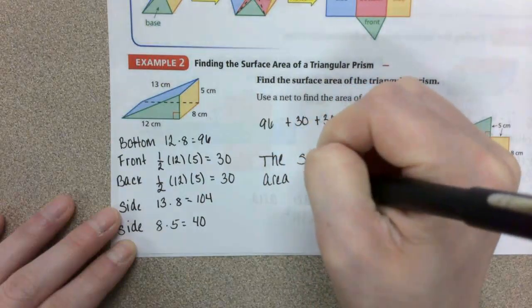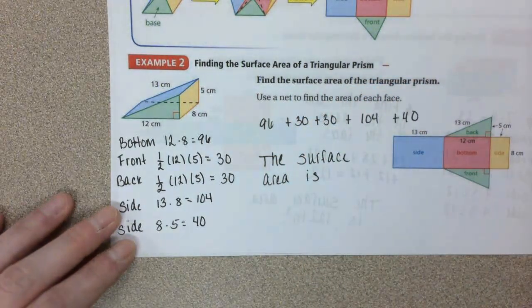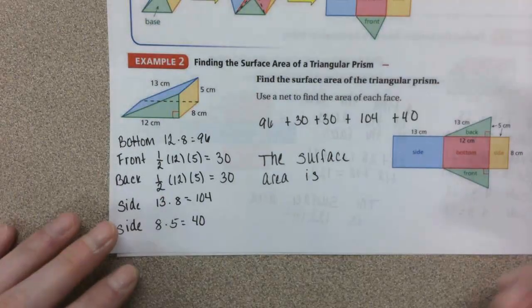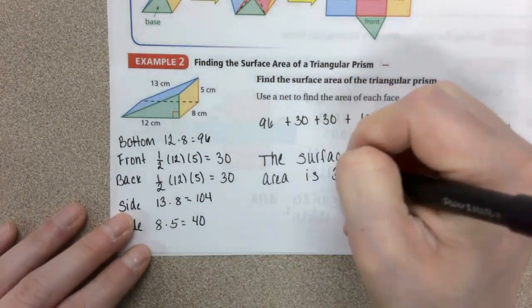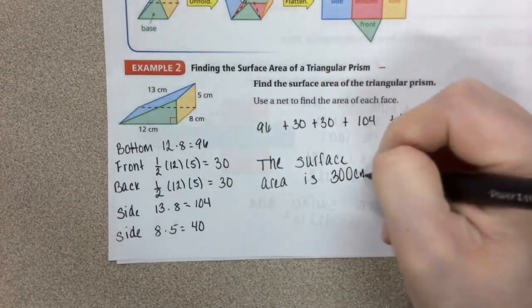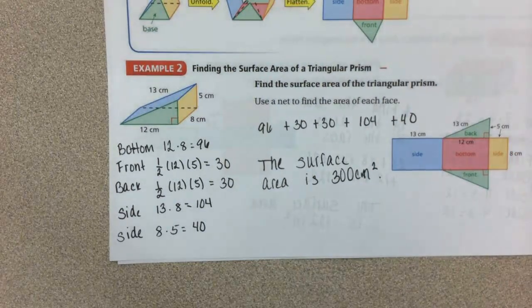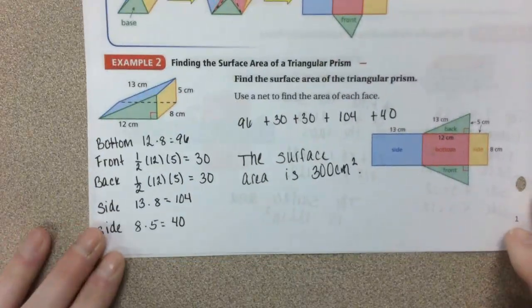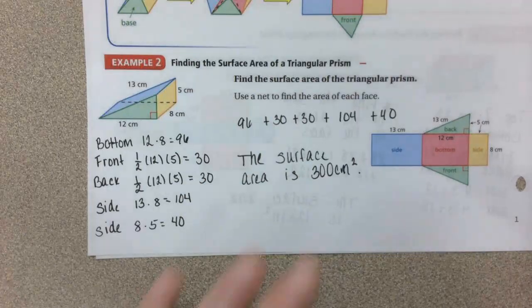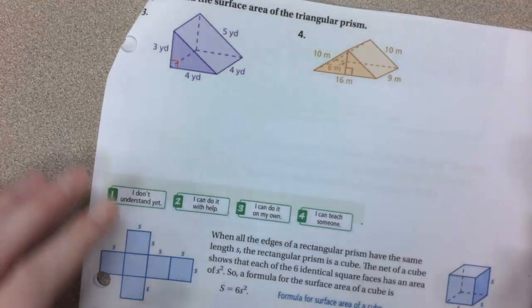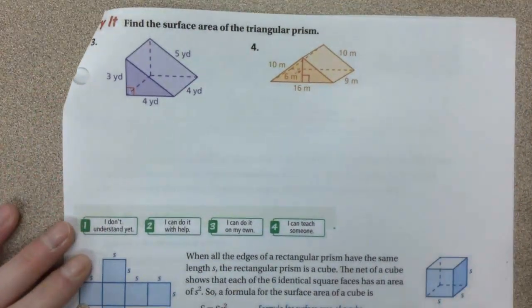So we would say that the surface area, once we add all of those faces together, the surface area is 300 centimeters squared. You're going to flip your paper over and try these two at the top.